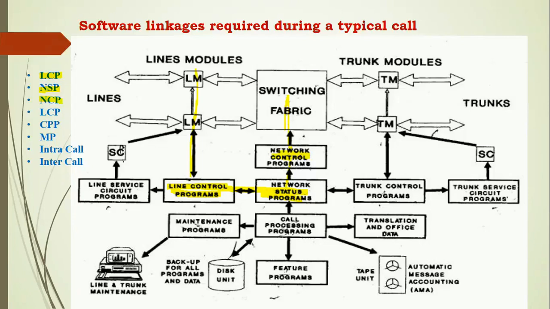Then up to this, the subscribers, that means the called subscriber and the calling subscriber. Now we are talking about the calling subscriber. The calling subscriber lifts his handset. Still the dial tone and ringing current are not connected to the subscriber. That has to be done by the next one.